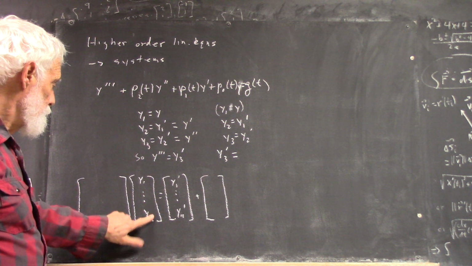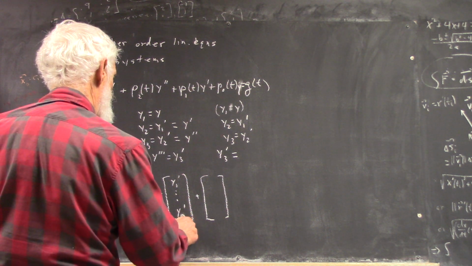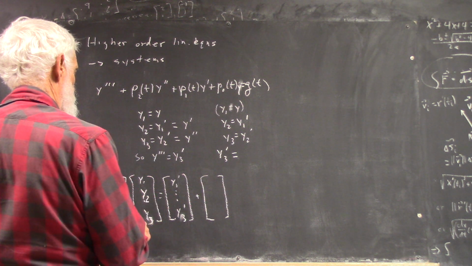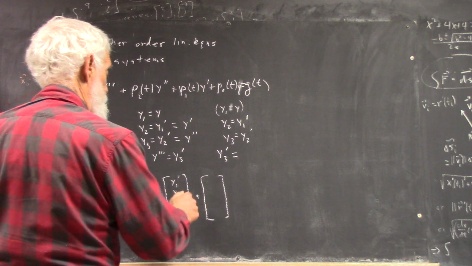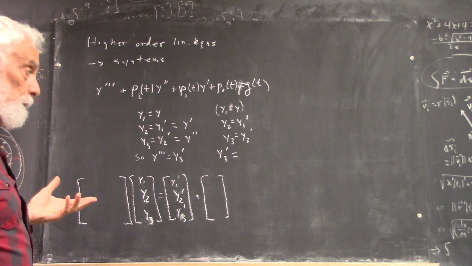Okay? And we don't have to go down to yn, this just goes down to y3. So we've got y1, y2, y3, and y1 prime, y2 prime, y3 prime.